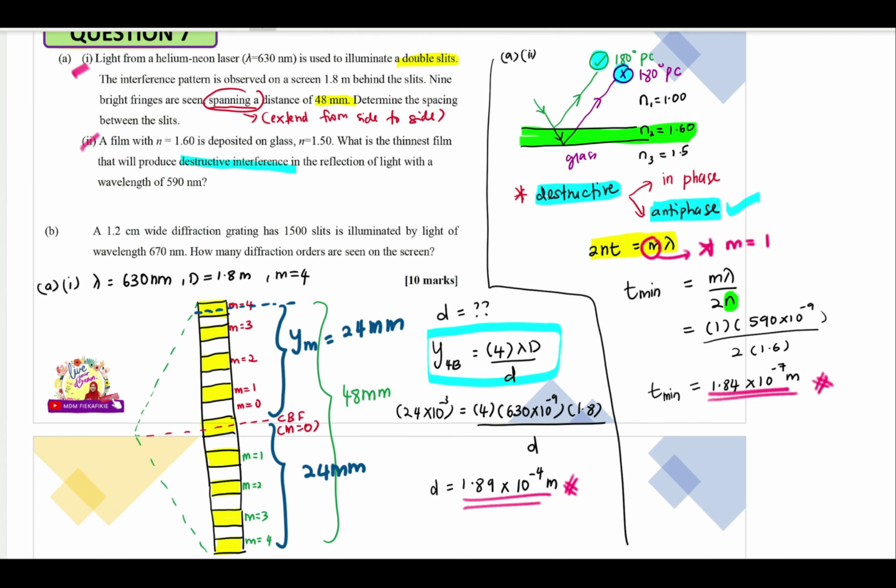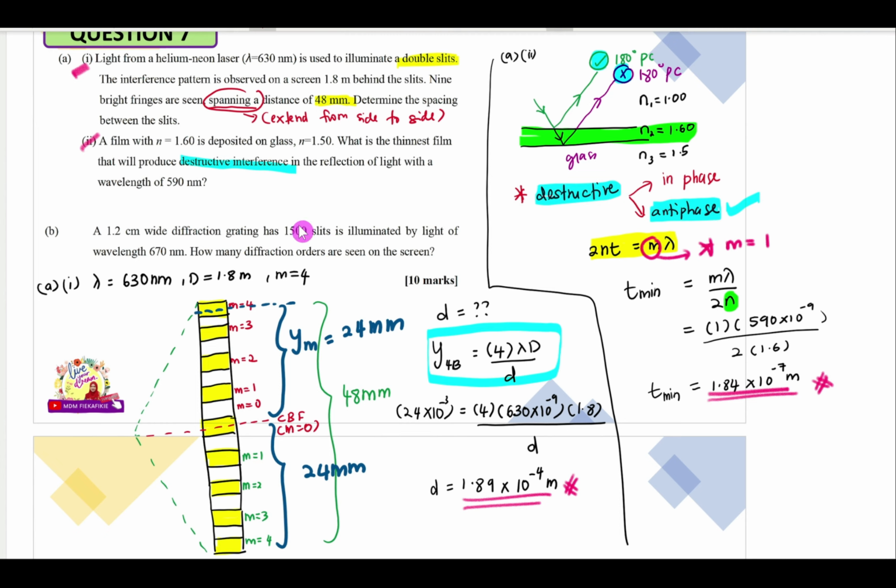Okay, and then for B, and this is about diffraction grating. Okay, so a 1.2 centimeter wide diffraction grating has 1,500 slits. Okay, maknanya kita tahu bila kita kata diffraction grating, kita kena kira the number of lines per millimeter, ataupun the number of lines per centimeter.